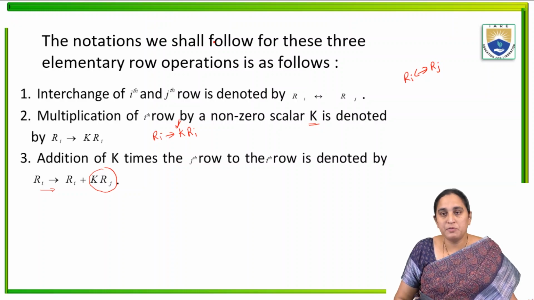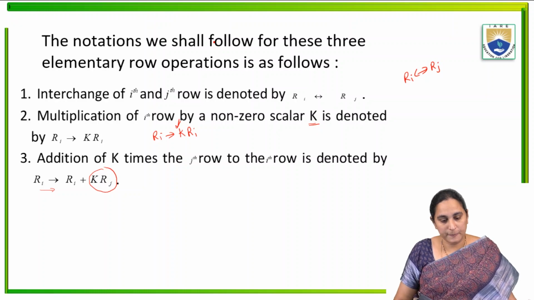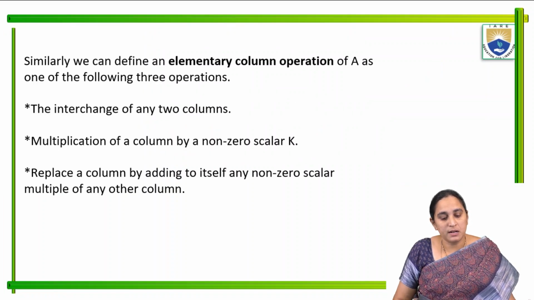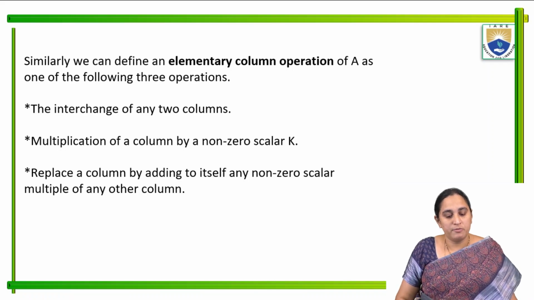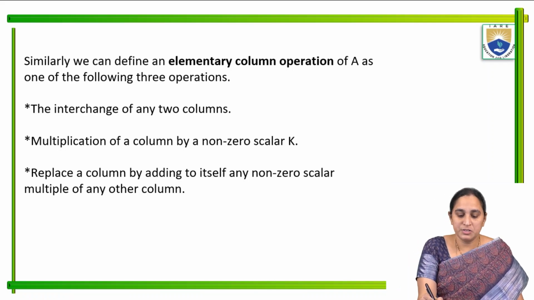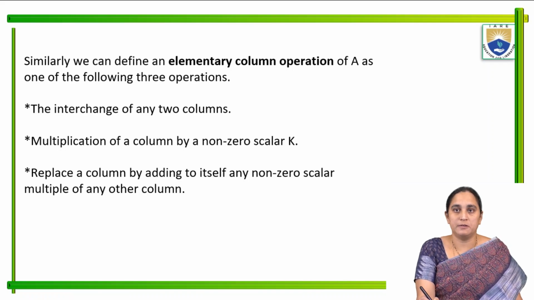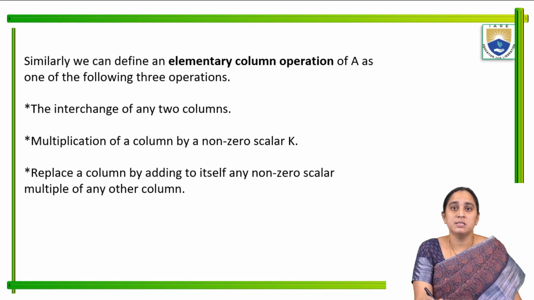Similarly, we will discuss the same concept with column operations. We can define elementary column operations of A as one of the following three operations. The first is the interchange of any two columns. Same as row transformations, we apply the same conditions for columns.